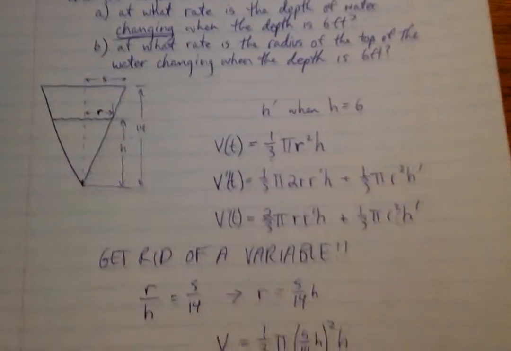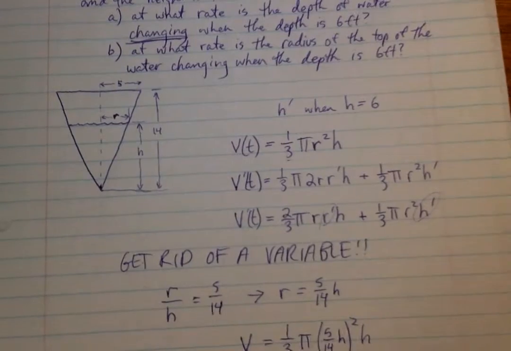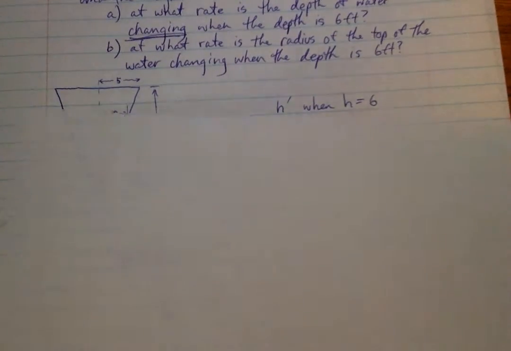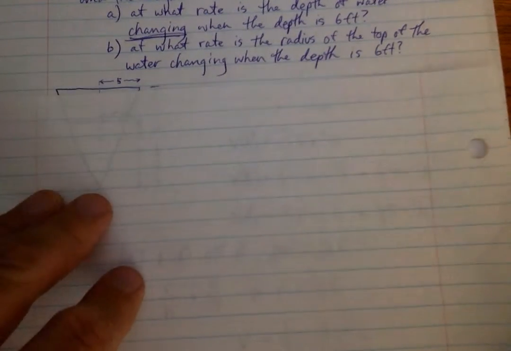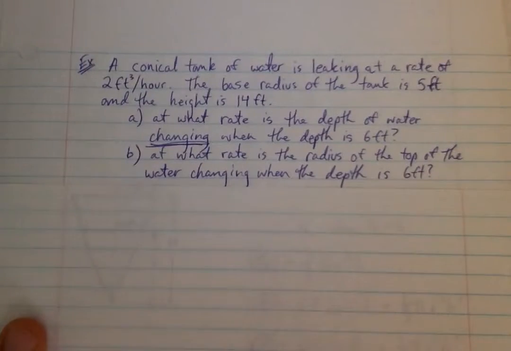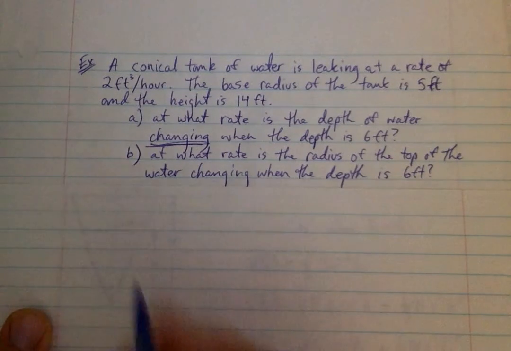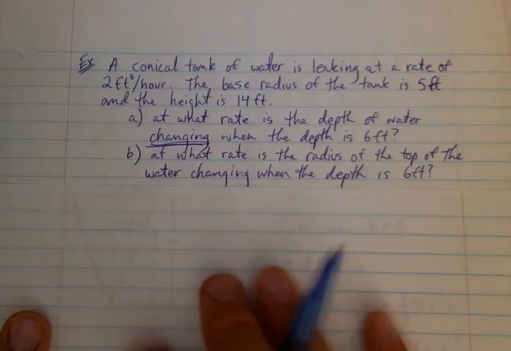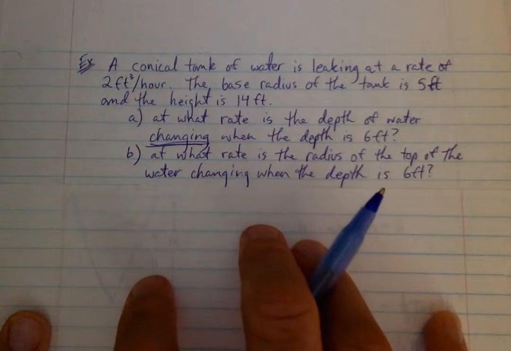So now let's see. We've got a part B, and we'll have to do it on another piece of paper right here. At what rate is the radius of the top of the water changing when the depth is 6 feet? Okay, do we really need to go through this whole problem again and figure stuff out?